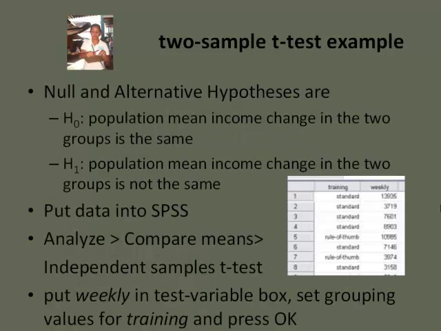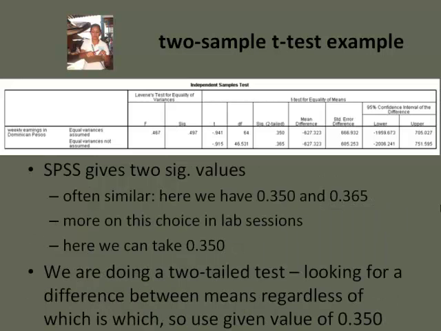That's what the data would look like in Excel or SPSS, the kind of training they got, and then the change in weekly income. So in SPSS, you put it in there, compare the means of these with the means of those, press OK, and you get this coming out. Two significant values. So maybe you'll have time to discuss more with Sandra.